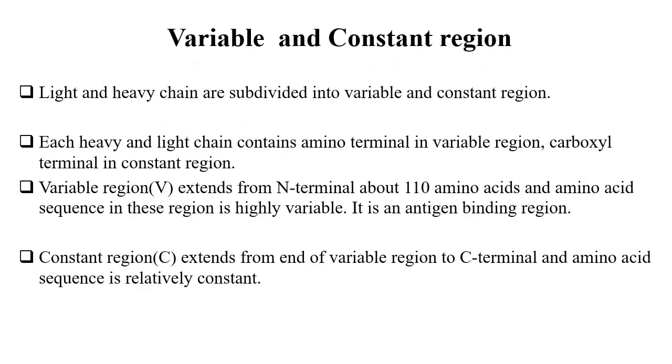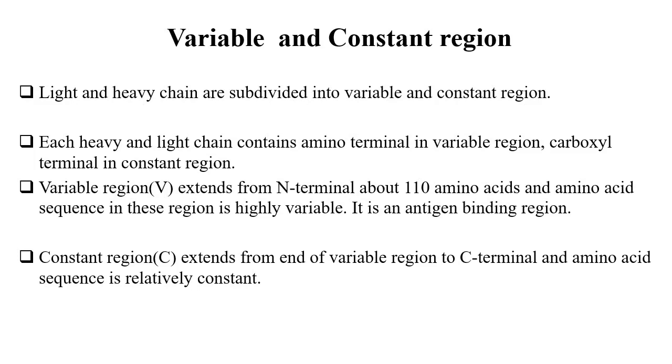Variable and constant region in antibodies. Light and heavy chains are subdivided into variable and constant regions. Each heavy and light chain contains the amino terminal in the variable region and the carboxyl terminal in the constant region.